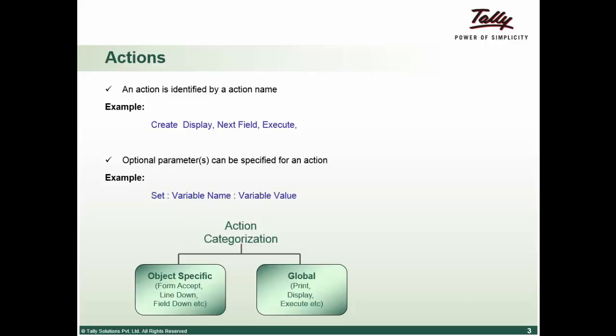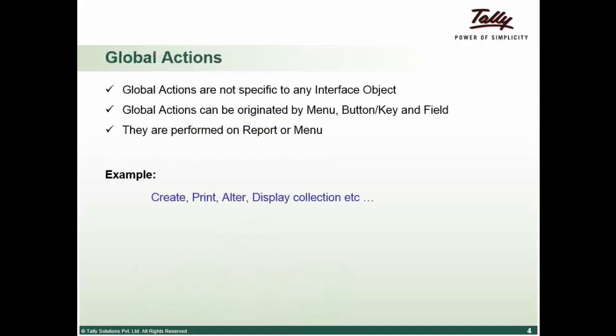Actions can be classified into two broad categories: object-specific actions and global actions. Global actions are not specific to any user interface object. For example, when we say display, what does it display? It displays a report.